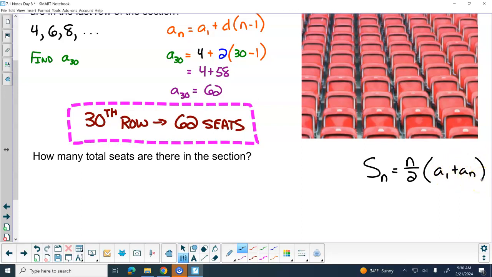So I need to know what the first term is in this series. How many seats way down there in the first row? 4. How many seats in the last row? How many total rows are there?